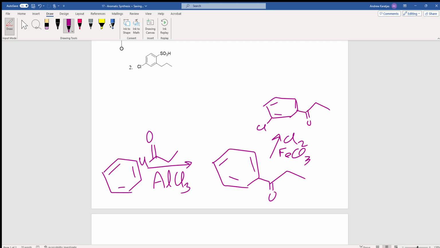And we need to figure out, does the order matter? So in other words, do we want to reduce first and then do sulfonylation?